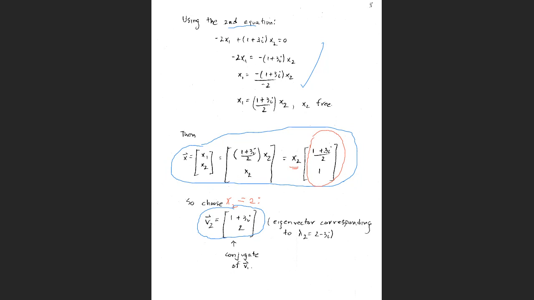Basically, when you find one complex eigenvector, you can just state what the other complex eigenvector is. Are there any questions on that?